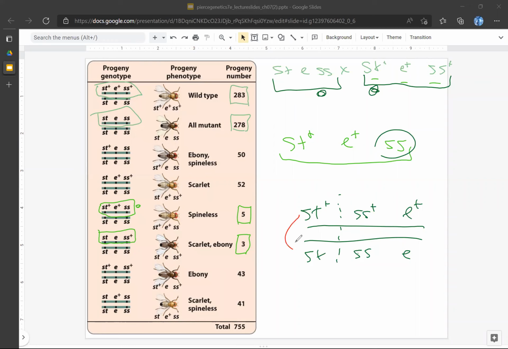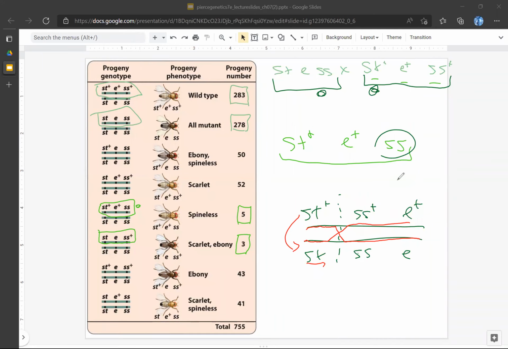Actually, that's not a good way to think about it. We had this ST that crossed over and is now connected with the SS and the E. And similarly, the crossing over happened between the other ones, and we had the ST going with the SS plus and the E plus.